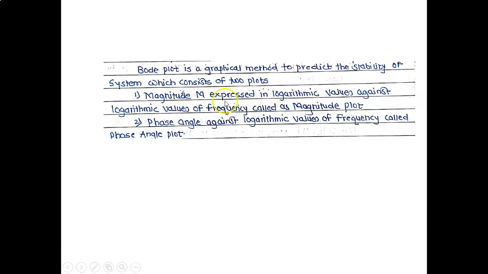First is magnitude M expressed in logarithmic values against logarithmic values of frequency, called the magnitude plot. Second, phase angle against logarithmic values of frequency, called the phase angle plot.